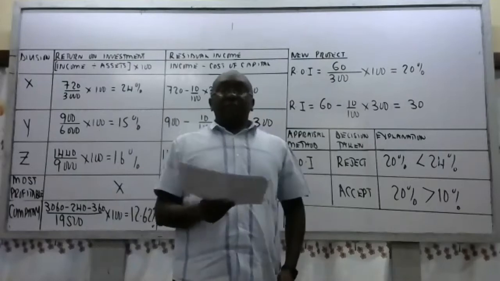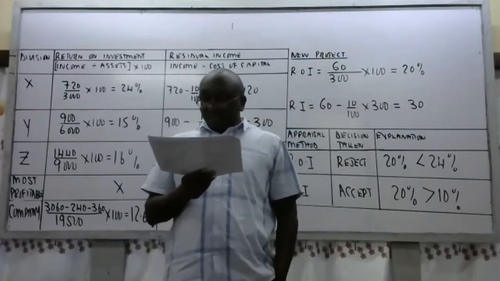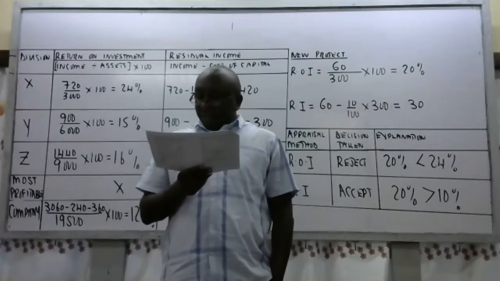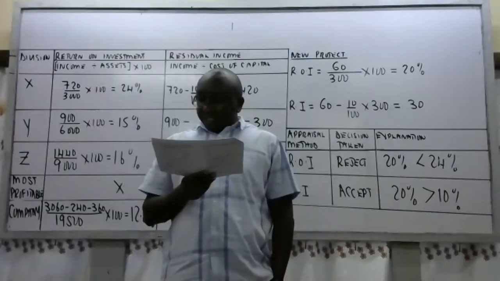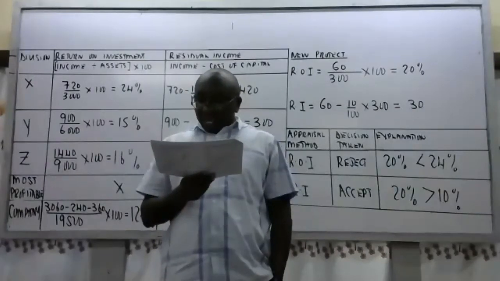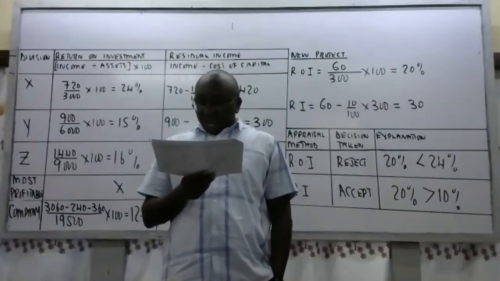So May 2014, question 1C. Cons Limited manufactures and sells 3 products, namely A, B, and C. The budgeted production overhead costs for the financial year ending 30th of June 2015 are as follows: setup cost, material handling, inspection, and the total.